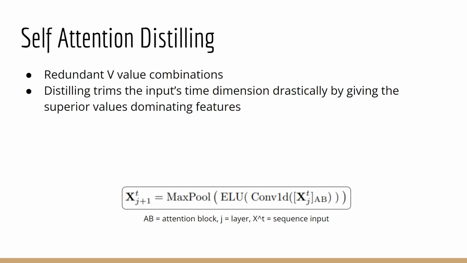As you can see, it takes the attention block and does a 1D convolution with ELU activation. Then, a max pool is done to grab only the superior features, which uses a stride of 2 to halve the input.